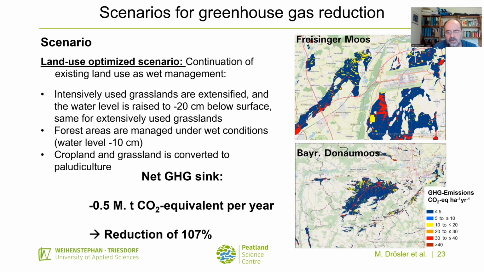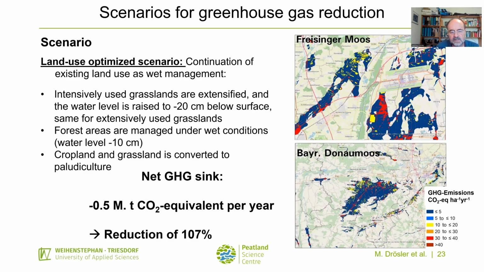We traced scenarios as well, and I just show you this single one, the land use optimized scenario, where all the intensive grasslands are converted to paludiculture, the cropland is converted to paludiculture, the extensively used grasslands are changed as well, and forests are managed under wet conditions.